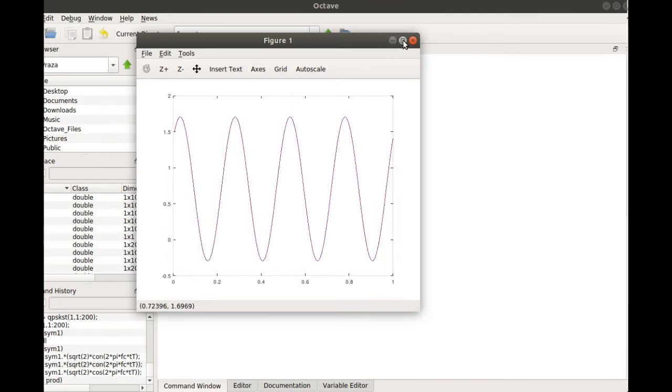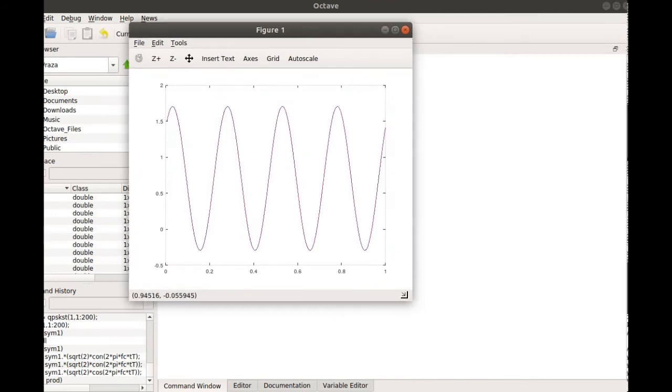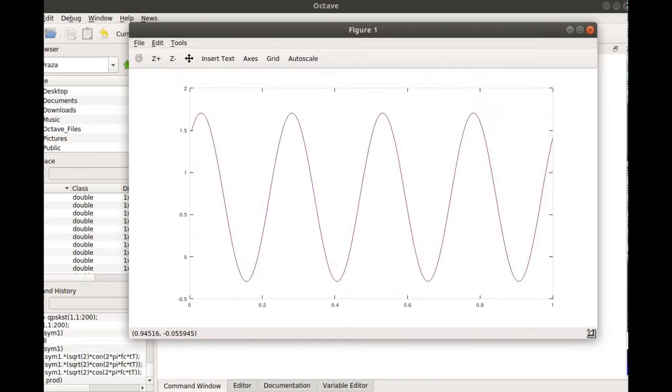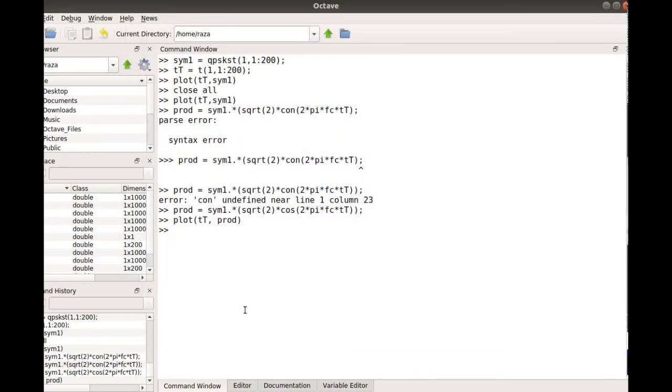I'll magnify it a little bit. You can see your signal, which is actually the product, and because this product has to be integrated, we can observe that it's a very small negative area, so it's mostly positive, so that after the integration we would get some value which is positive, right? So let me close it.